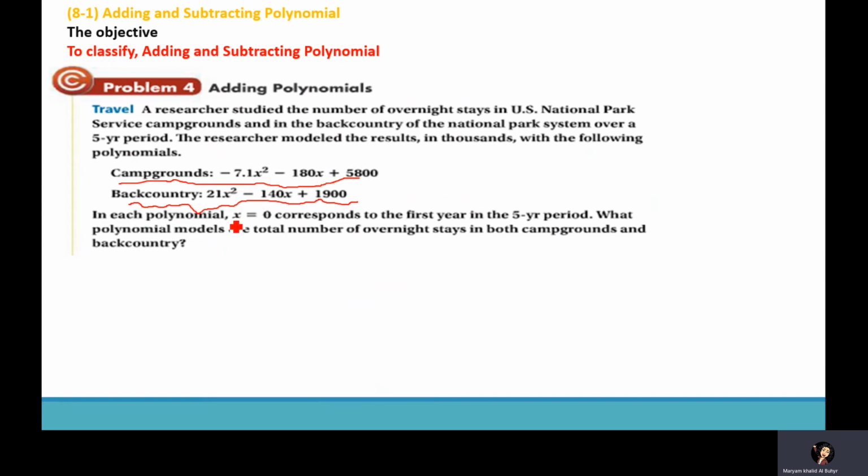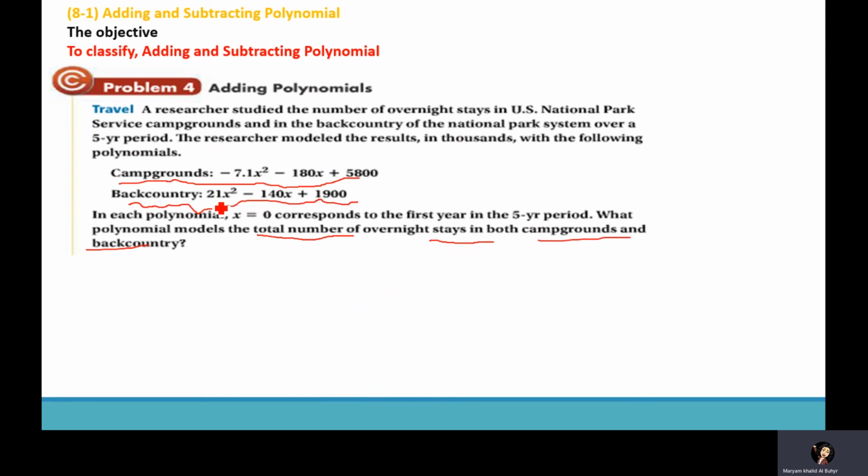In each polynomial, x equals 0 corresponds to the first year in the 5-year period. The polynomials model the total number of overnight stays in these 2 kinds of parks. So what you will do is add these 2 polynomials.